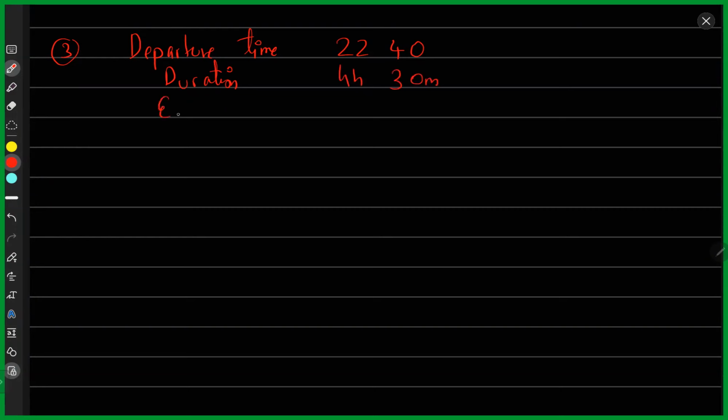What would be the ending time? Now this is not very straightforward. Please think about it properly first and then give me your answer. Think about it. Okay? This basically says that it's 10:40 p.m. in the night. And then if you will travel for these many hours, it would basically be a different story now. So think about it, take a minute and then write down your answer. And just write down your answer at once. Don't type one letter and then another letter. Just write down one complete answer at once.